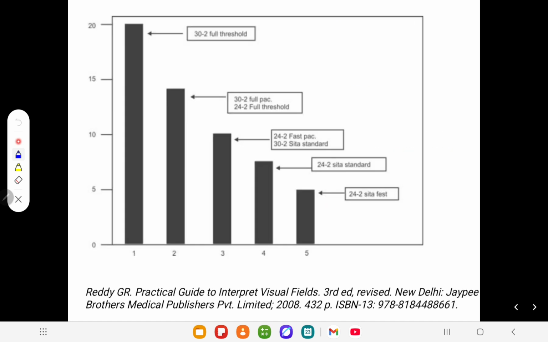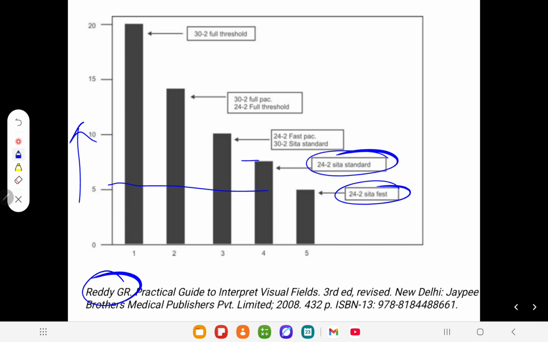In this picture, which I have taken from Ready GR, you see the time taken; this axis is time. 24-2 SITA fast takes approximately 5 to 6 minutes, whereas 24-2 SITA standard takes approximately 8 to 9 minutes. 24-2 fastpac is equal to 30-2 SITA standard, which takes approximately 10 to 12 minutes.